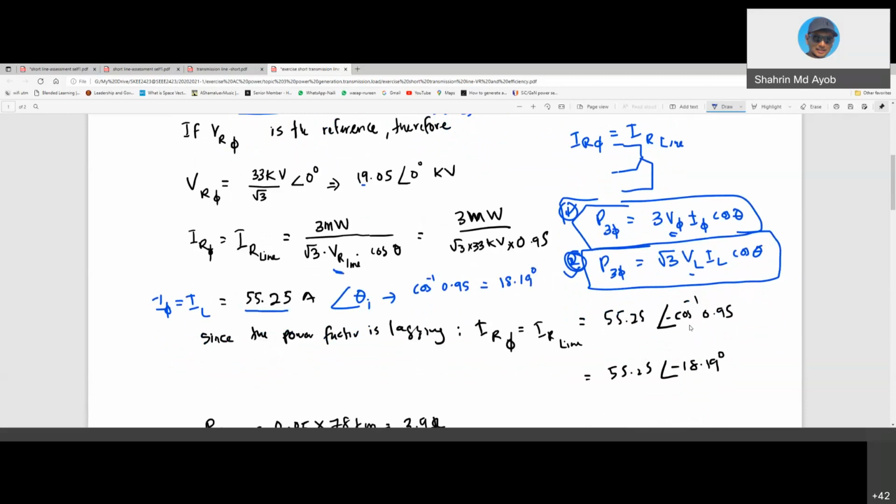But it doesn't tell you whether it is a positive or negative angle. That depends on whether the power factor is leading or lagging. If the power factor is lagging, please put negative here. That is how we obtain the negative sign. So the complete current value is 55.25 with an angle of negative 18.19.